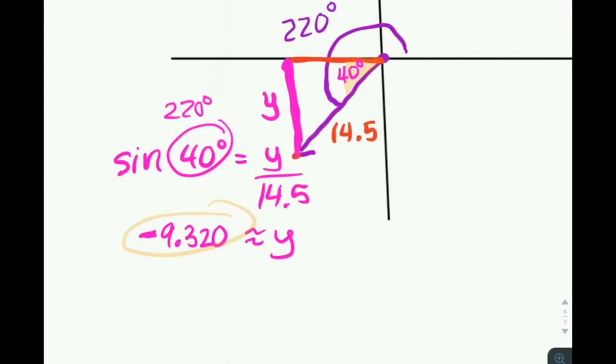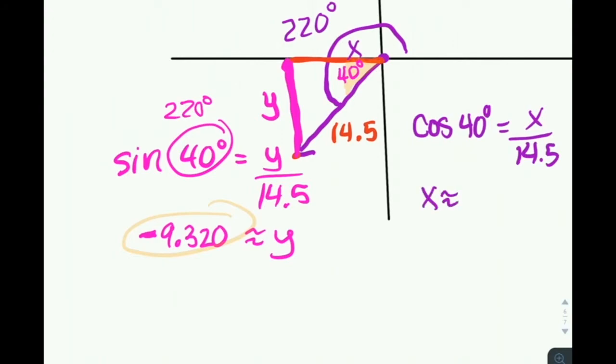If you want your horizontal component, now we're looking for that horizontal distance, which I'm going to call x. That's adjacent to your 40 degree angle, so cosine of 40 degrees equals x over 14.5. Multiplying by 14.5 gives you x is approximately negative 11.108.